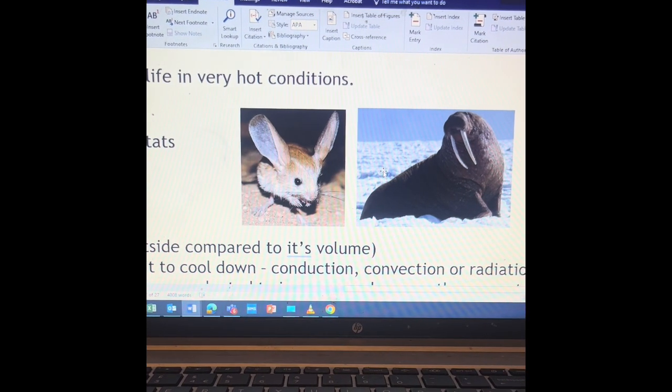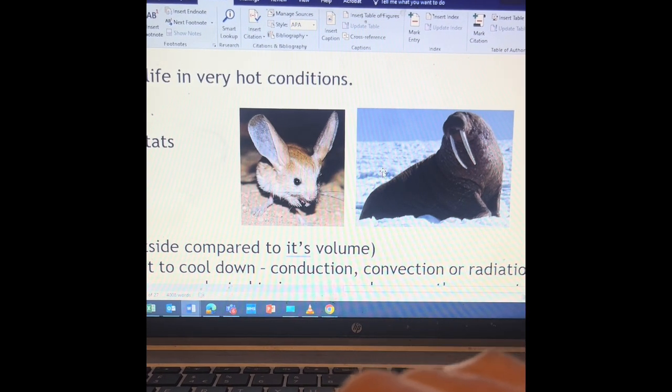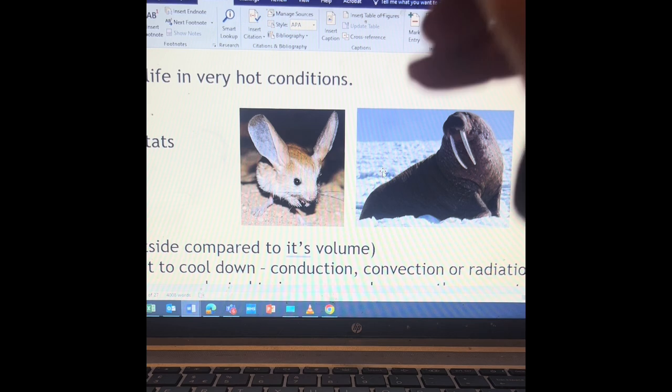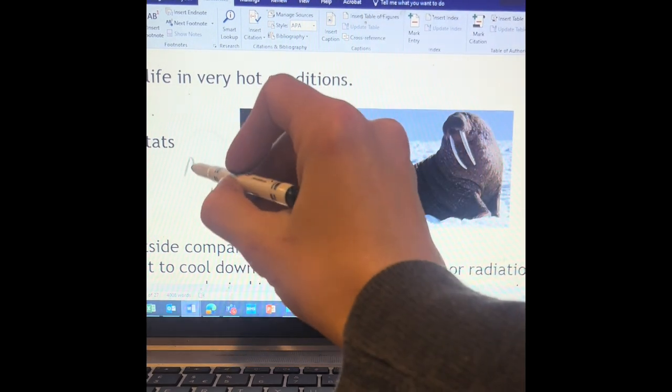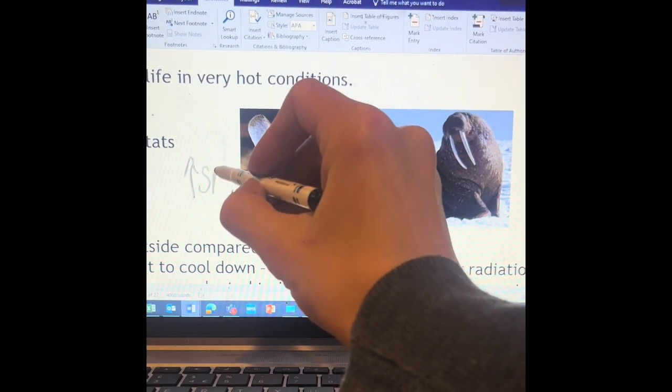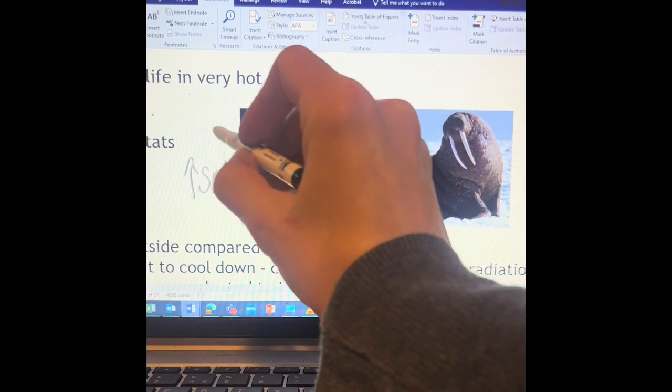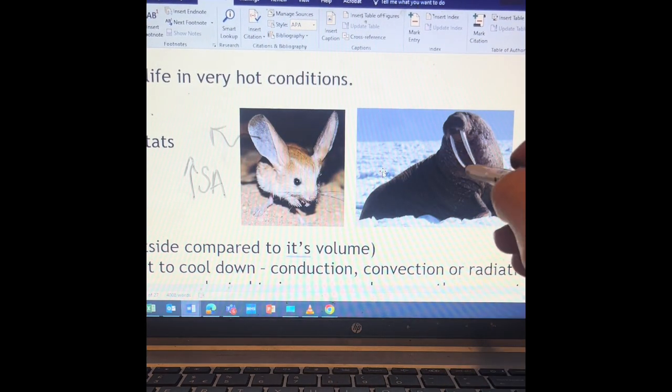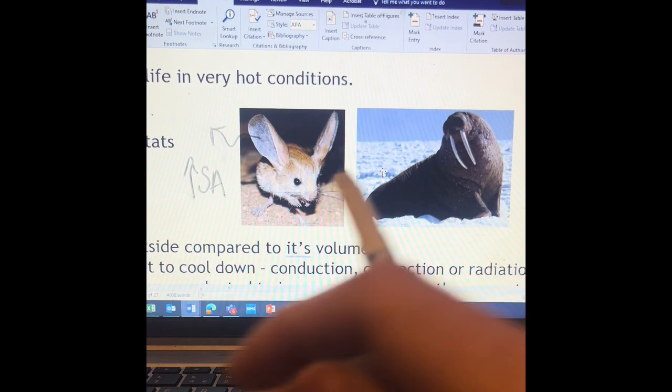So when we talk about surface area to volume ratio, this is a huge adaptation when it comes to living in hot or cold climates. If you are living in a cold climate, you want to cover a large surface area. So you want to have adaptations that allow heat to radiate off. This guy obviously has a large volume because it stores fat.